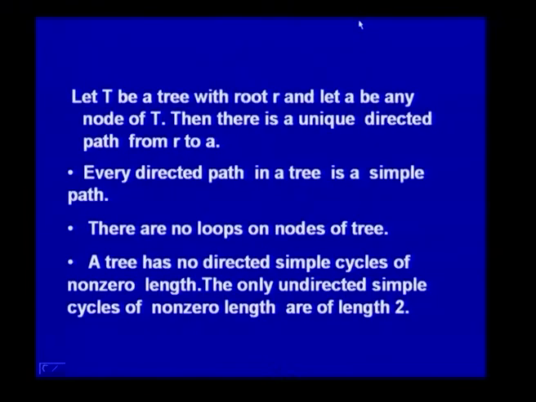Now, you will see these points very clearly. Every directed path in a tree is a simple path, because no node will be repeated. There are no loops on the nodes, there are no self loops in the nodes, and a tree has no directed simple cycles of non-zero length.